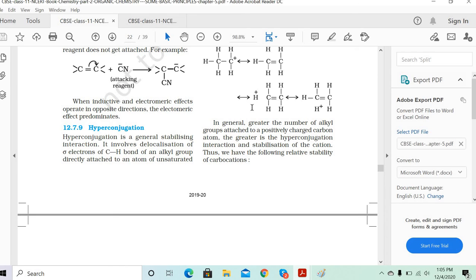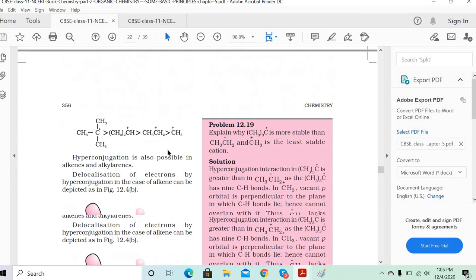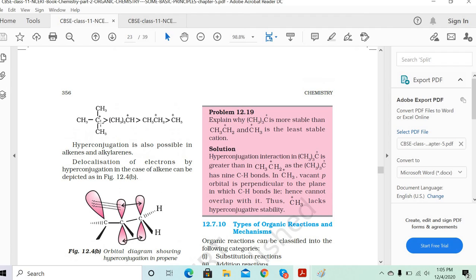Okay, now in this case, the greater the number of alkyl groups attached to the positively charged carbon atom, the greater the hyperconjugation interaction and stabilization of the cation. What does it mean? In the first case, the carbon has a positive charge and three methyl groups are connected to that carbon atom.